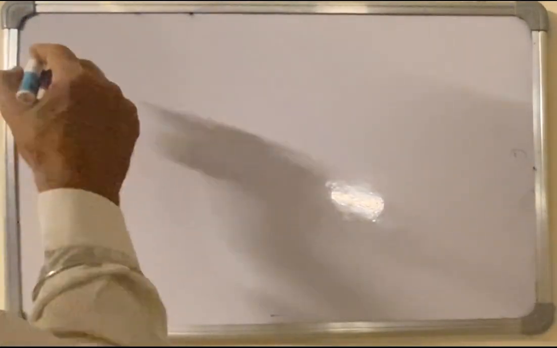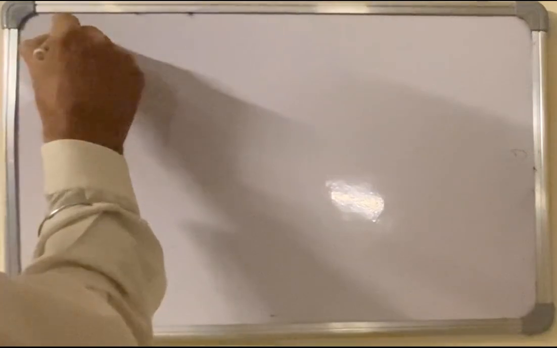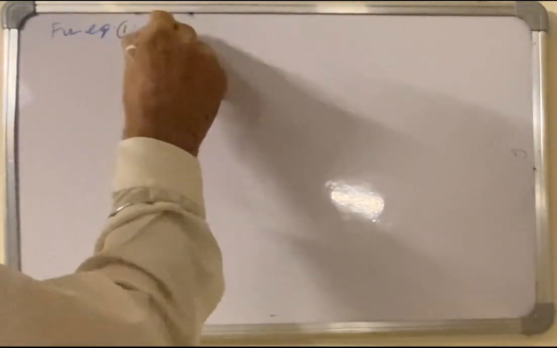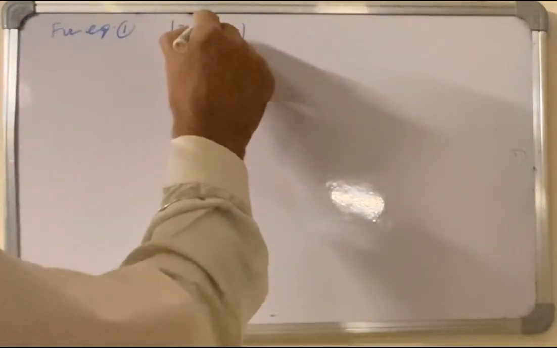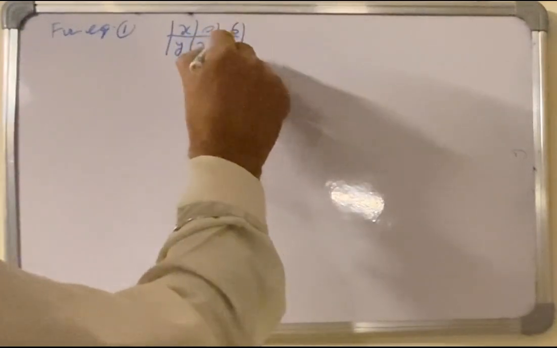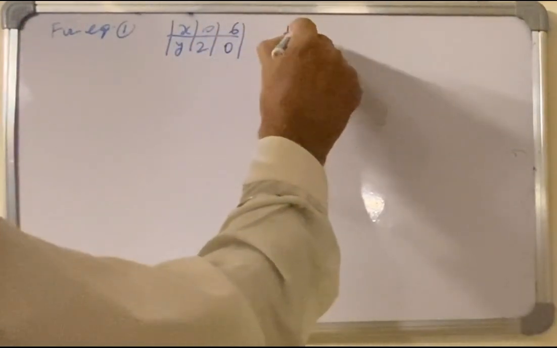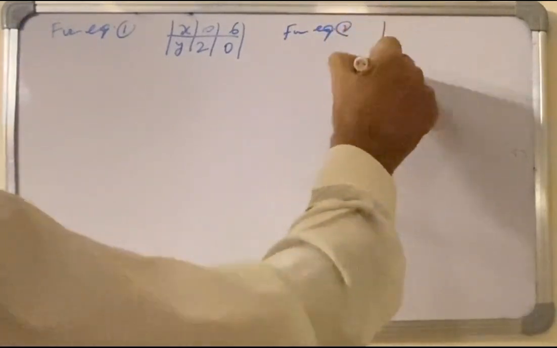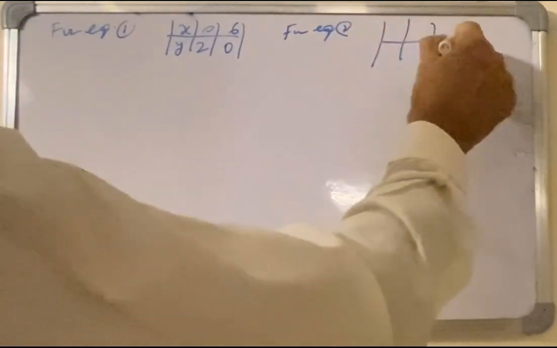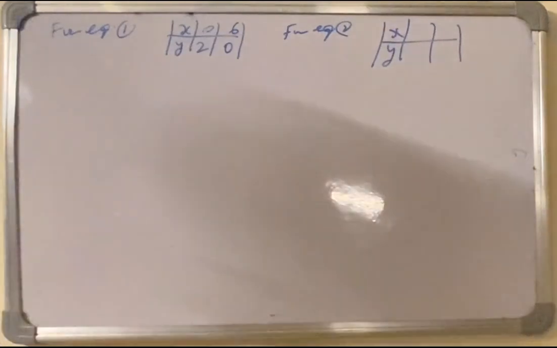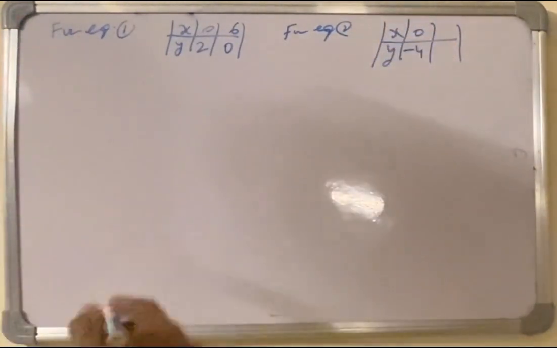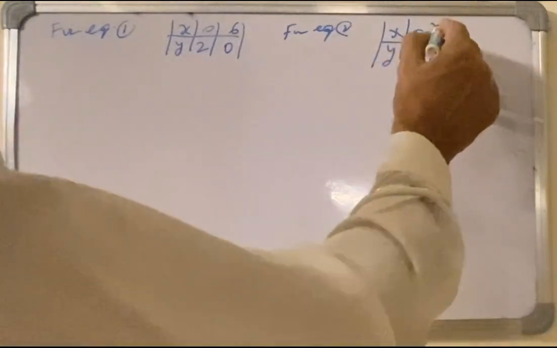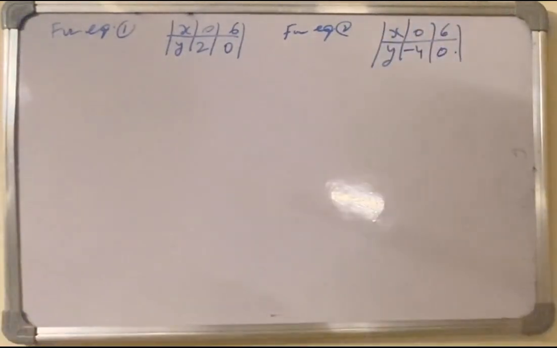The given set of solutions are: for equation 1, we have x is equal to 0, y is 2, x is 6, y is equal to 0. For equation second we have x 0, y minus 4, then x 6, y 0.